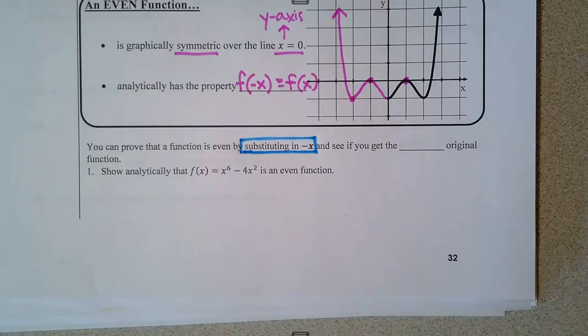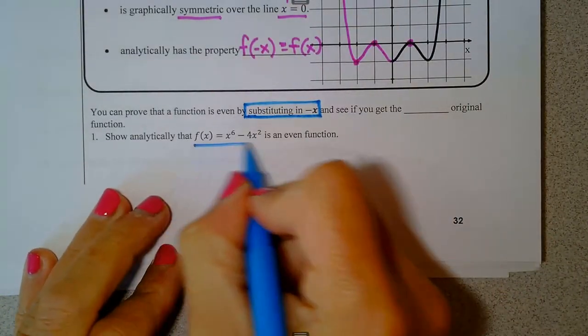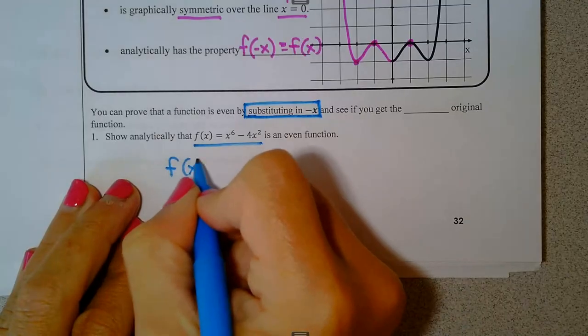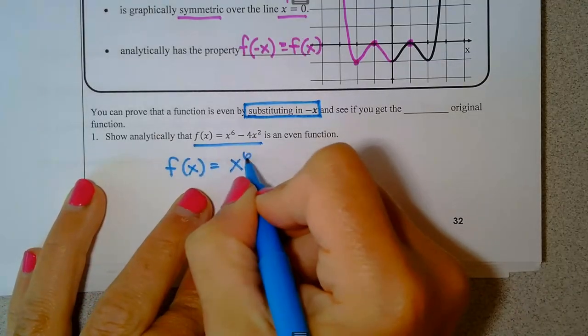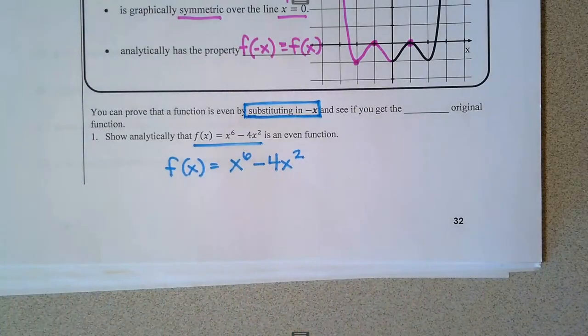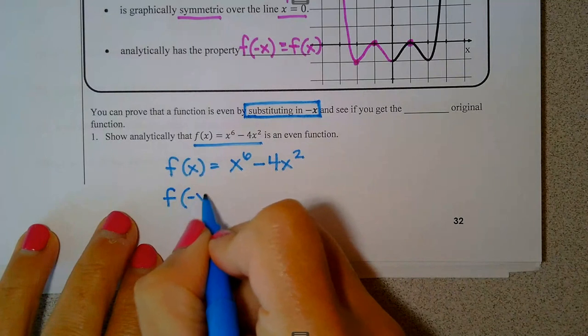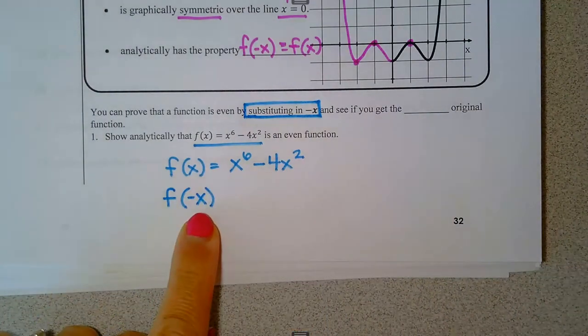So the rule is you have this equation. I have f of x equals x to the 6 minus 4x squared. They're going to give you some random polynomial. And instead of x, I need to put in a negative x. So everywhere you see an x, you're going to put in a negative x.